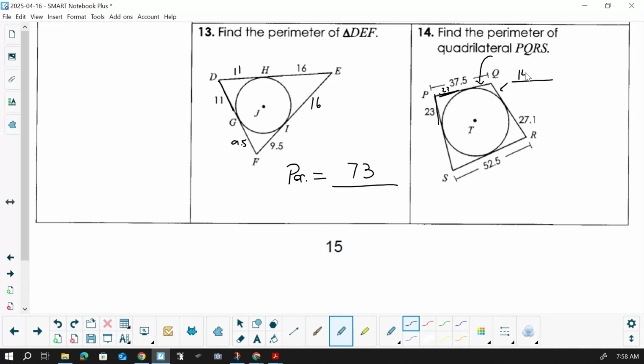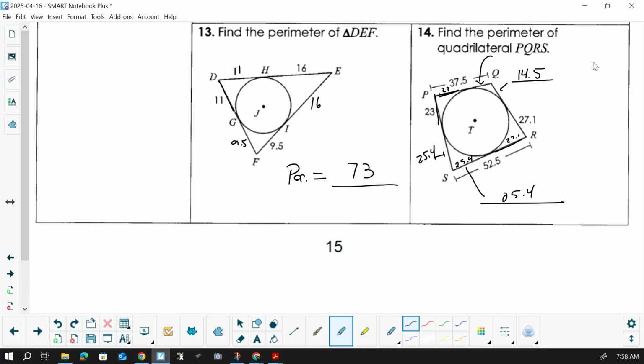That's right, 14.5. Then we got 27.1, which means this little piece is 27.1. So 52.5 minus 27.1 is this piece. What's that going to be? That's right, 25.4. Here, 25.4. And that'd be the same thing for this one, 25.4.